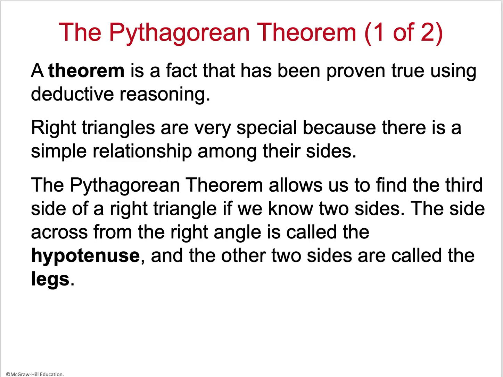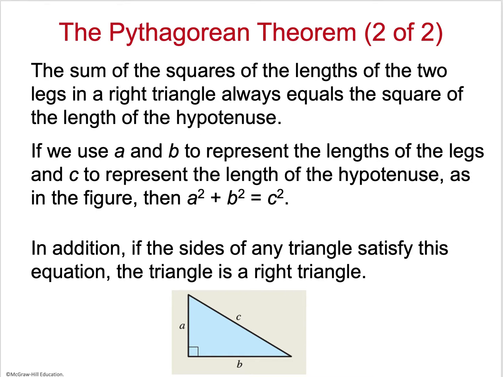I refer to the 2 other sides of the triangle as just plain old legs. What the Pythagorean theorem tells me is if I square the values of the legs and add them together, that is going to be the same as squaring the hypotenuse.